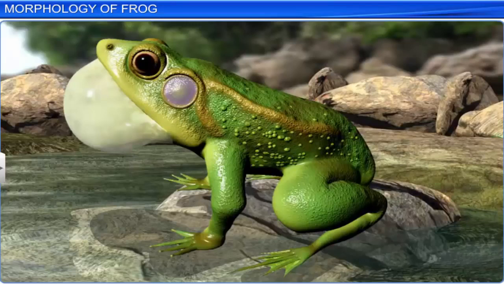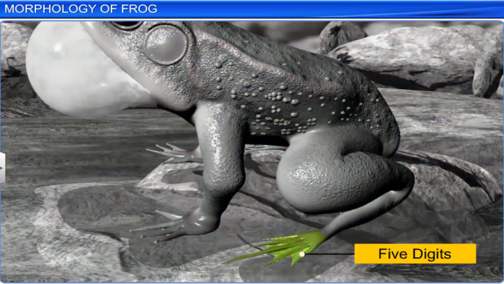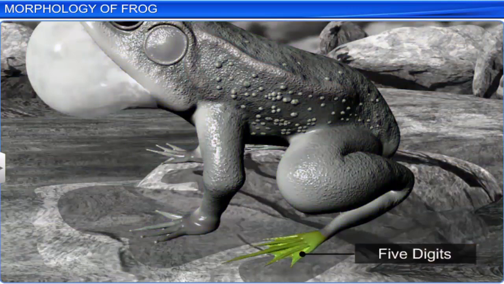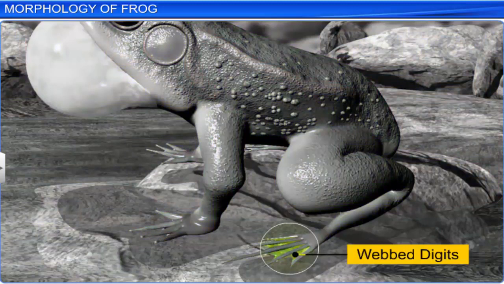It bears two pairs of limbs, forelimbs and hind limbs, that help to swim, walk, leap, and burrow. The hind limbs have 5 digits and are larger and muscular than the forelimbs, which have 4 digits. Moreover, the long digits of the hind limbs are connected by a web that helps to swim.